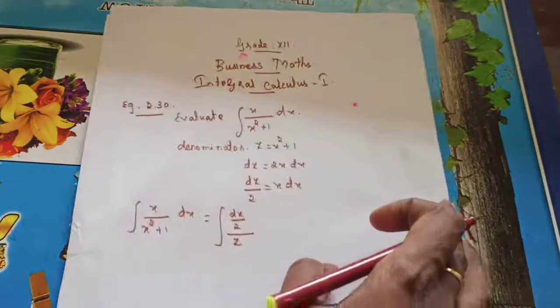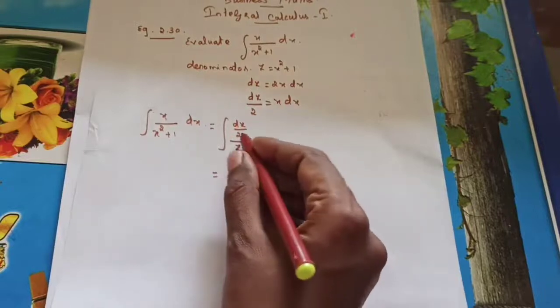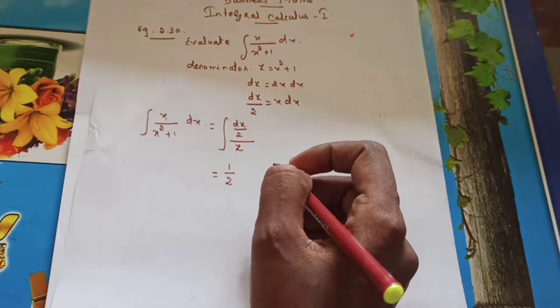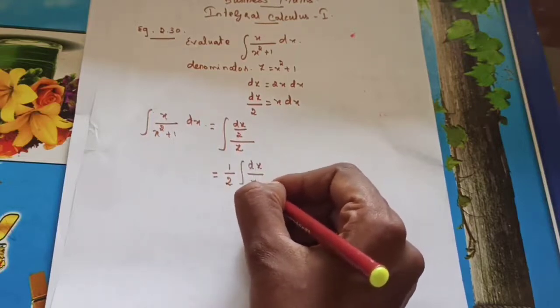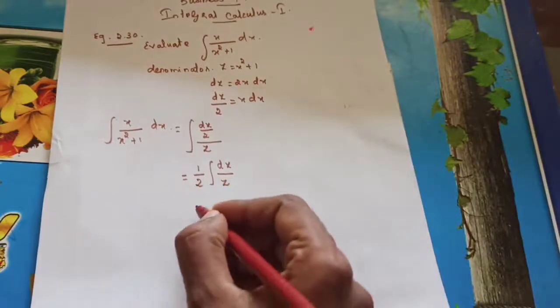So what will you get then? That is equal to, 1 by 2 is a constant, you can take it outside. So what's the balance? dz by dz. What is the integration of dz by dz?